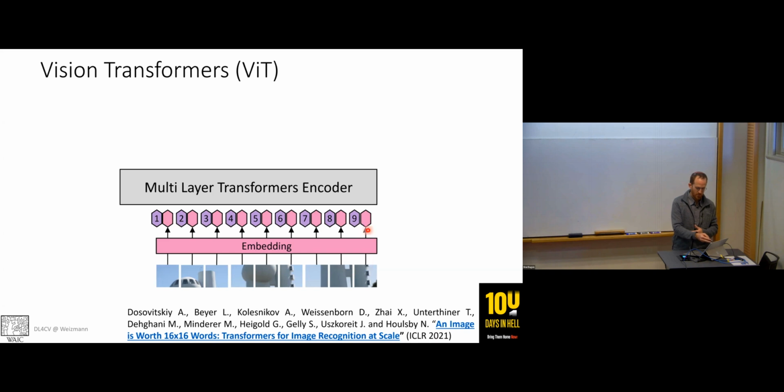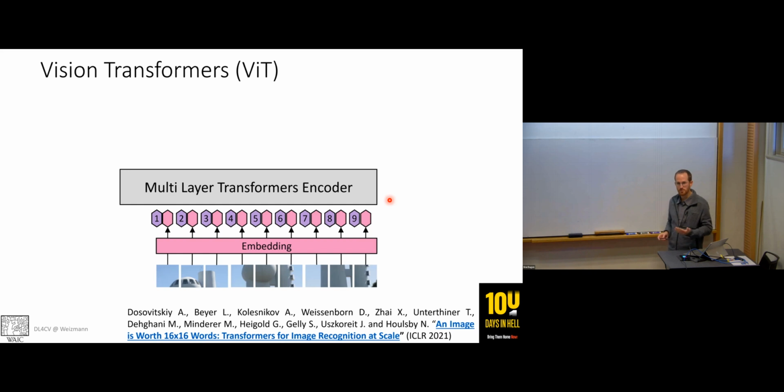We project the patches into vectors by a linear mapping, so we have a linear projection. And then we add to each token a position encoding that says where in the image this patch came from. So if we shuffle the patches, the transformer would know that this is no longer an image, but a shuffled collection of patches.